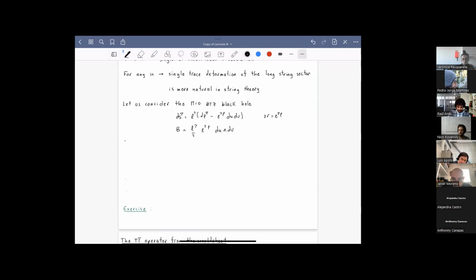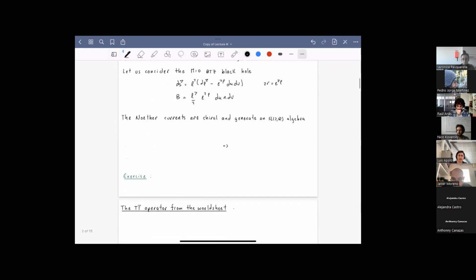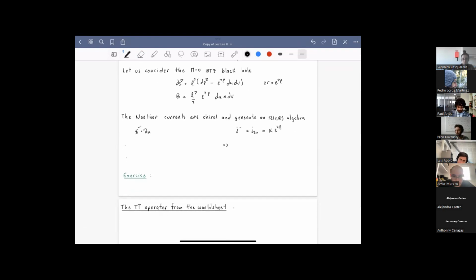The Noether currents on this background are chiral, as we mentioned last time, and agree with the currents of the Wess-Zumino-Witten model. So, for example, for translations, which are generated by this Killing vector, the Noether current agrees with the Wess-Zumino-Witten current and is given by this expression here.